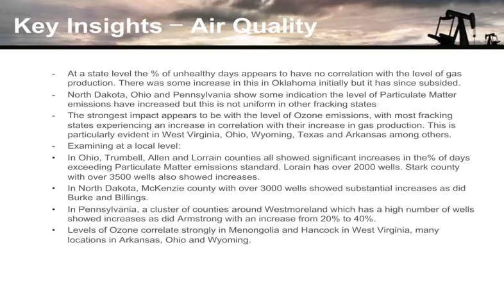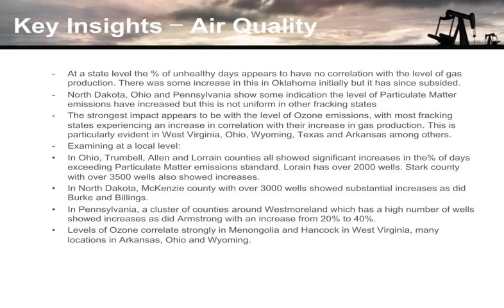Moving on to the local level exploration, this showed a much different story in terms of particulate matter emissions, looking specifically at a number of counties that had high numbers of wells, and utilising the explain this increase feature of Power BI to help with uncovering some of these.